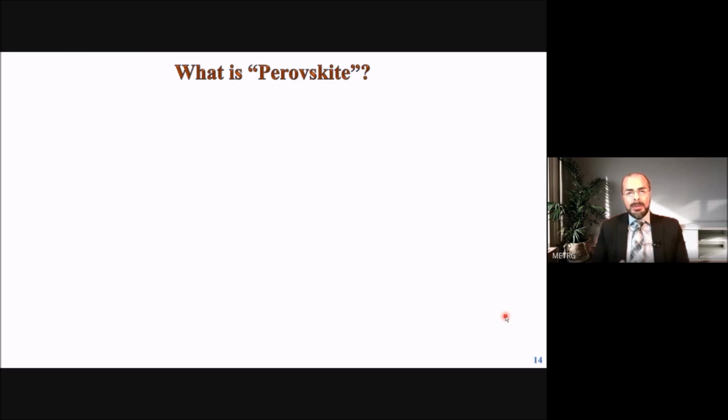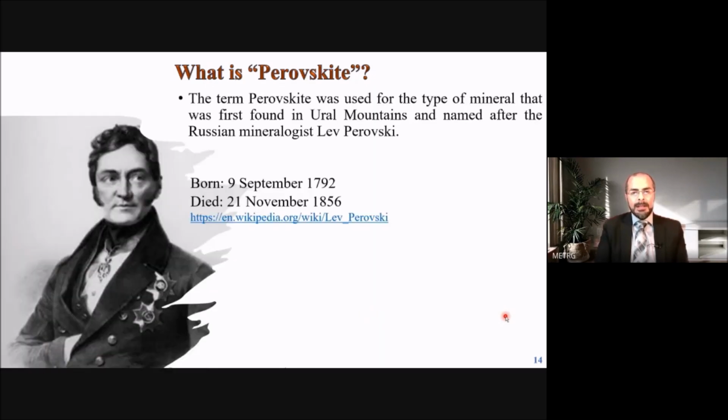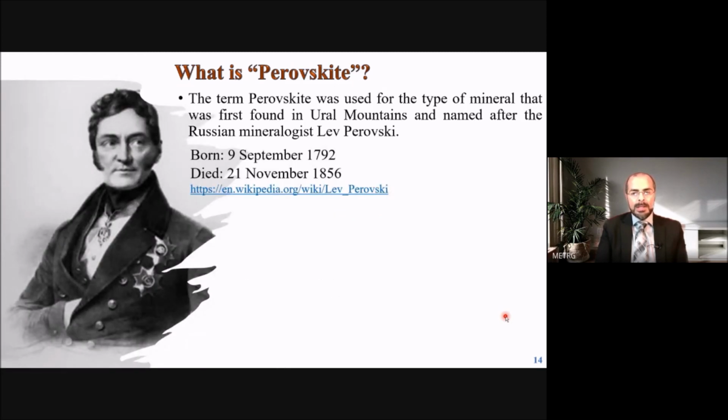As I'm going through the presentation, we have mentioned the term perovskite many times. So what is perovskite? The term perovskite was used for a type of mineral that was first found in the Ural Mountains and named after the Russian mineralogist Lev Perovsky.